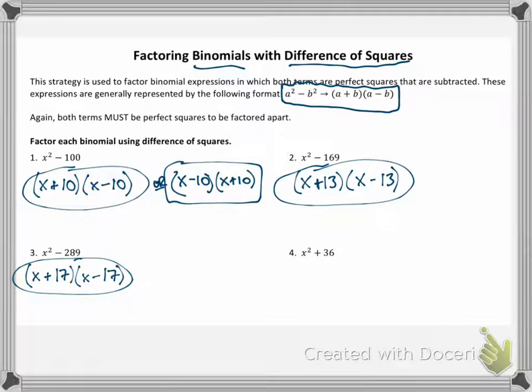It has to be a difference of the two terms. The fact that it's a plus sign, there is no "sum of squares." I'm going to put that in quotations because this does not exist. Sum of squares is not a factoring pattern. It will never work. Anything that is x squared plus something else that's square rootable is never going to work. Therefore, this is not factorable.